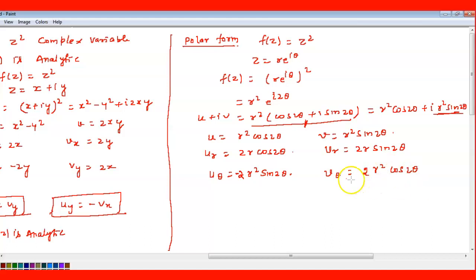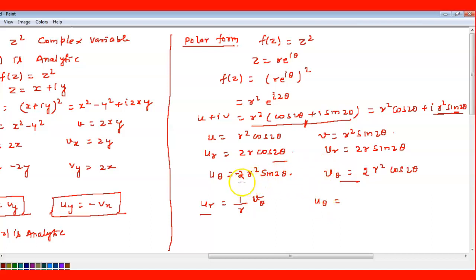Getting here? So if you see here, this del u by del r, this u r is equal to 1 upon r of v theta. If you divide this one with r, so we'll get both are same, right? Getting? This is 2r and this is 2r square. So if you divide with r here, we'll get same only. That's why I wrote here u r is equal to 1 upon r into v theta. And similarly this one here, u theta is equal to, what you can write, tell me?